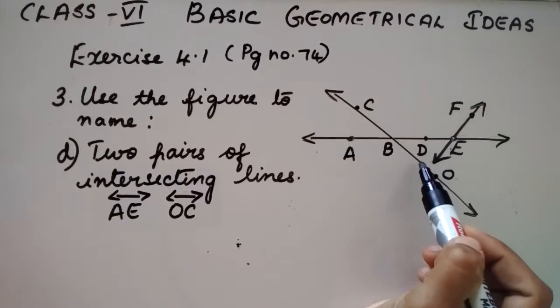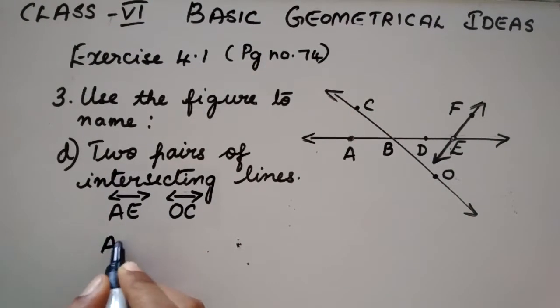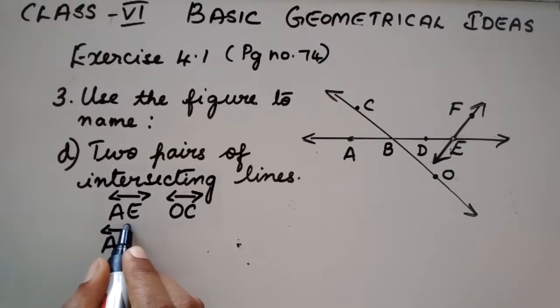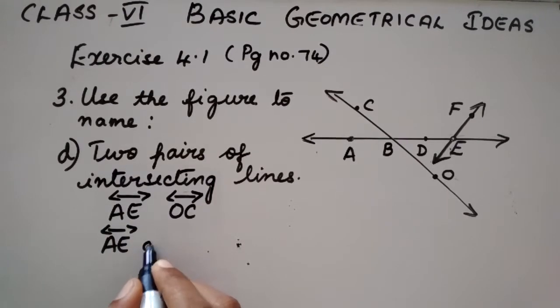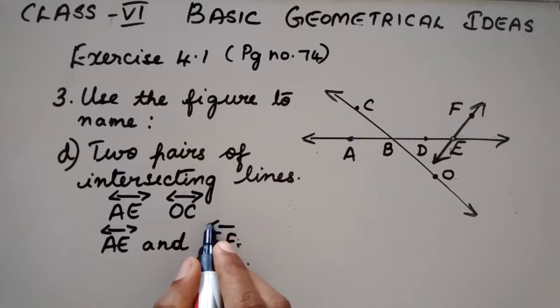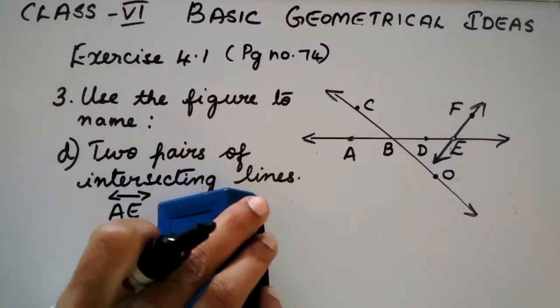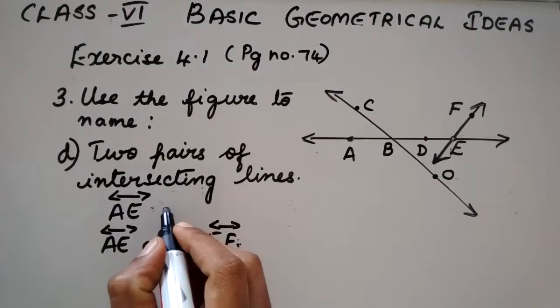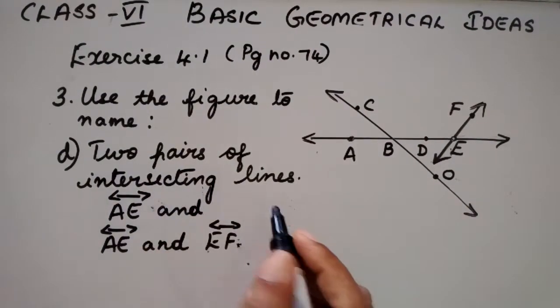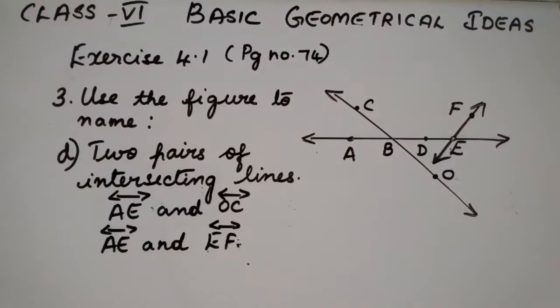These lines intersect each other, cross each other. That is one more pair, AE and EF. This one you can write as AE and OC.